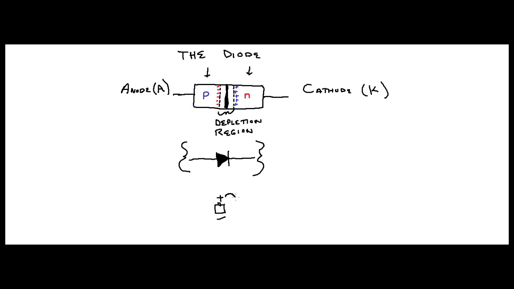Well, you're thinking of the current going from plus to minus. That's conventional current flow, all right? But remember, electrons are going in the opposite direction, all right? So I just don't want to get people confused with that. Now, the P-type region is called the anode, and the N-type region is called the cathode, all right?